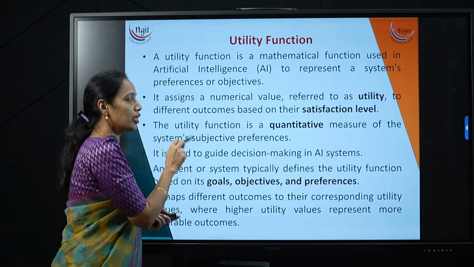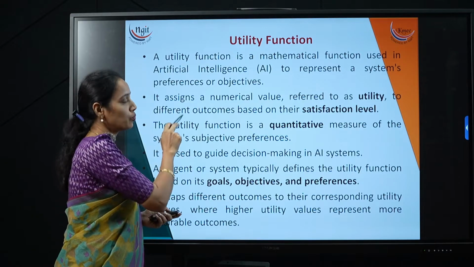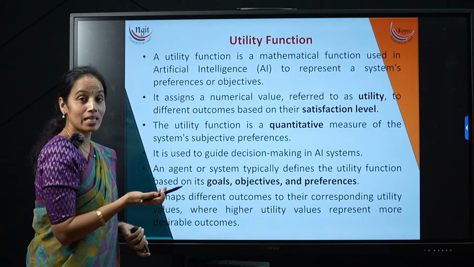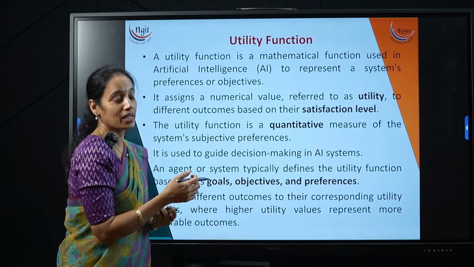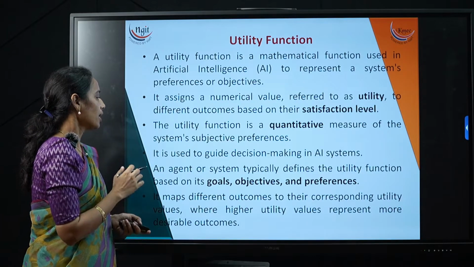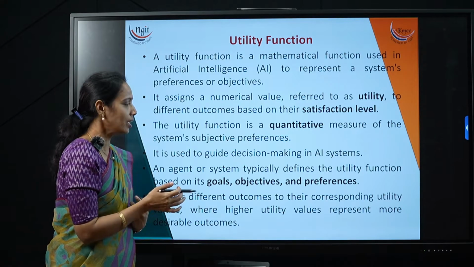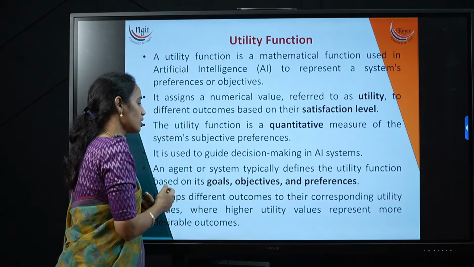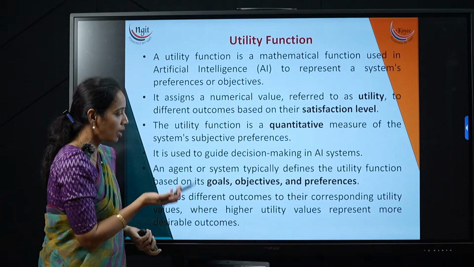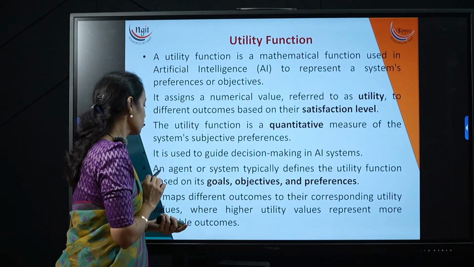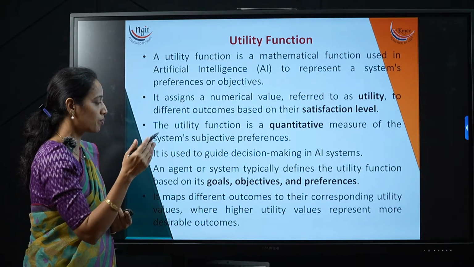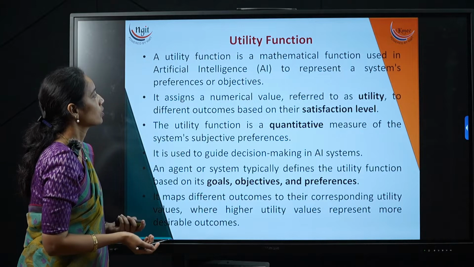It is a quantitative measure of the system's subjective preferences, and it guides decision making in AI systems. An agent or system typically defines the utility function based on its goals, objectives, and preferences. It maps different outcomes to their corresponding utility values, where higher utility values represent more desirable outcomes.